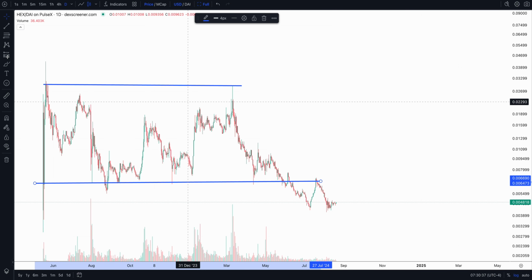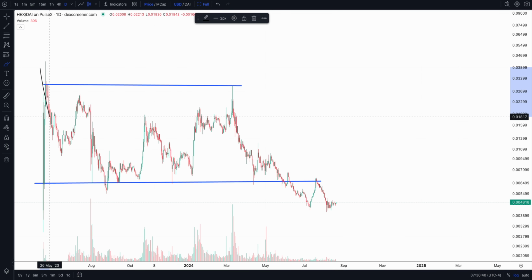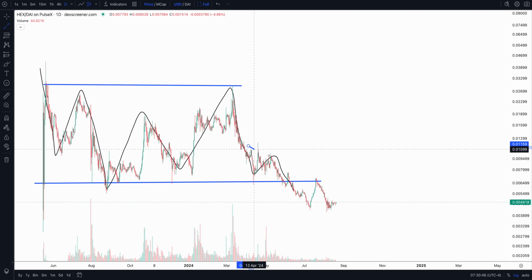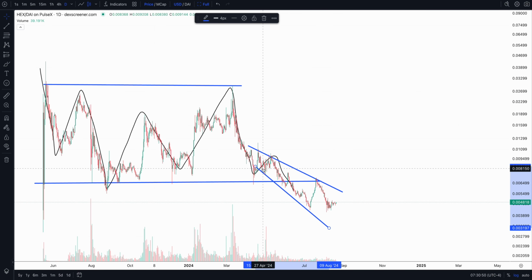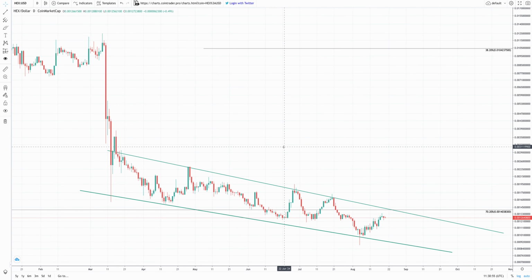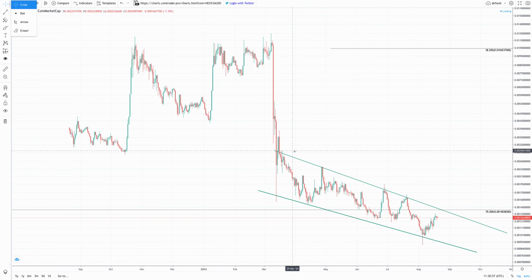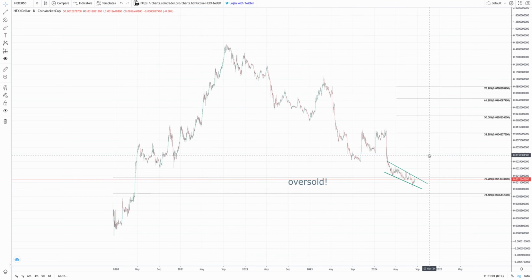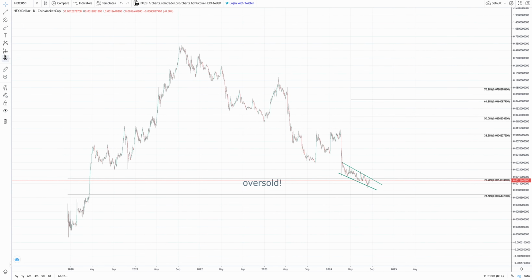Look at HEX over here. You also have a 3-wave move down, 3-wave move up, and then a 5-wave move to the downside with a bullish broadening wedge as well. Even taking a look at HEX, you can see that we're oscillating here within this ending diagonal off of the 70.2 to 78.6% fib.